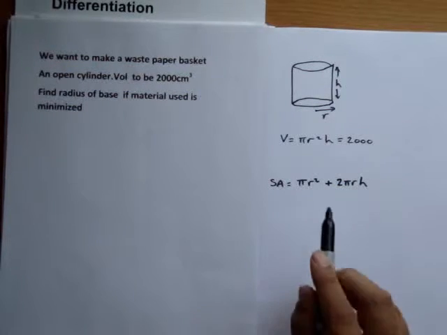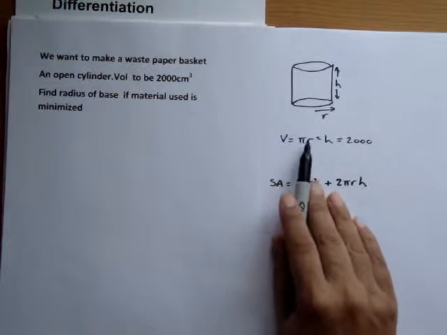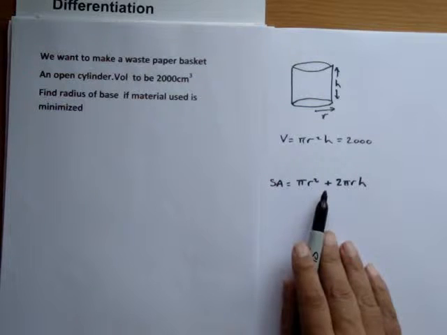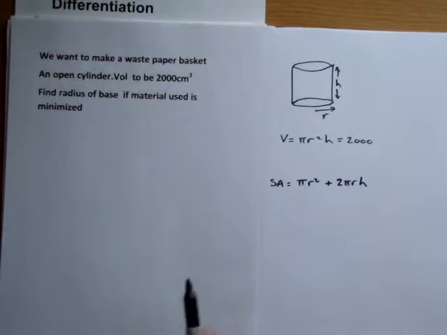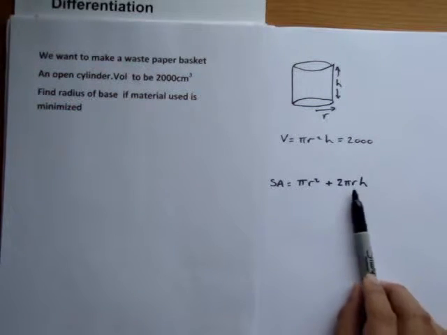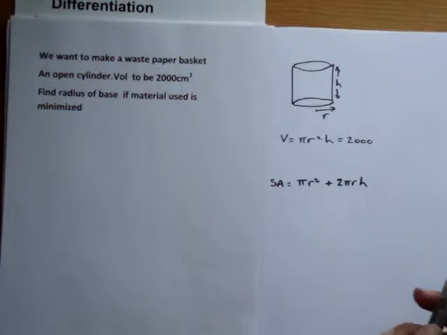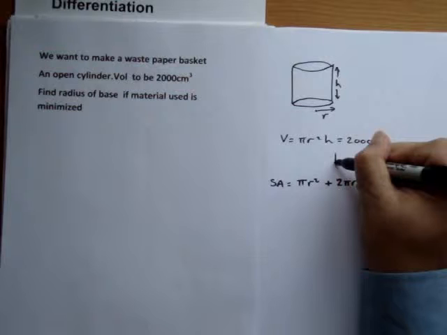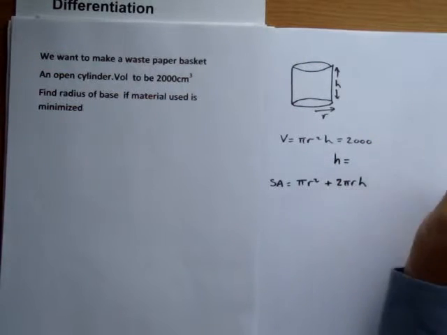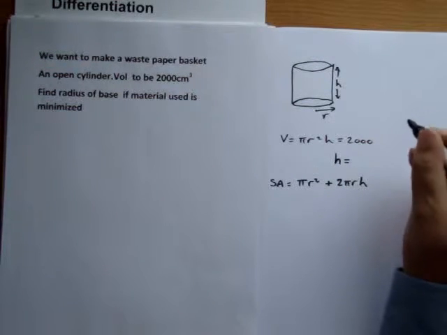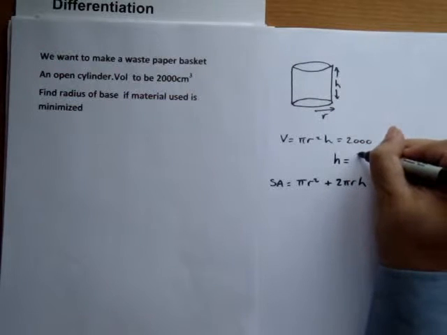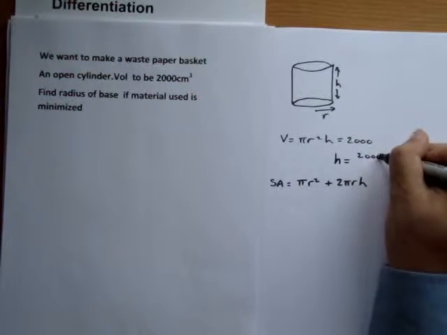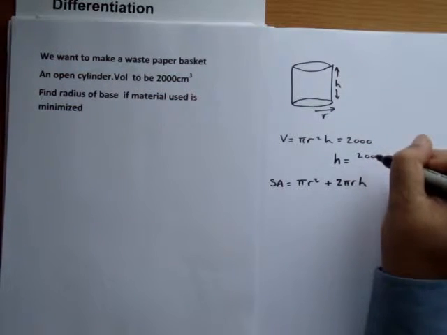Now we've got the surface area and the volume. We want to put the volume into the surface area equation, and we can do that and eliminate h. So let's make h equal 2000 divided by pi r squared.